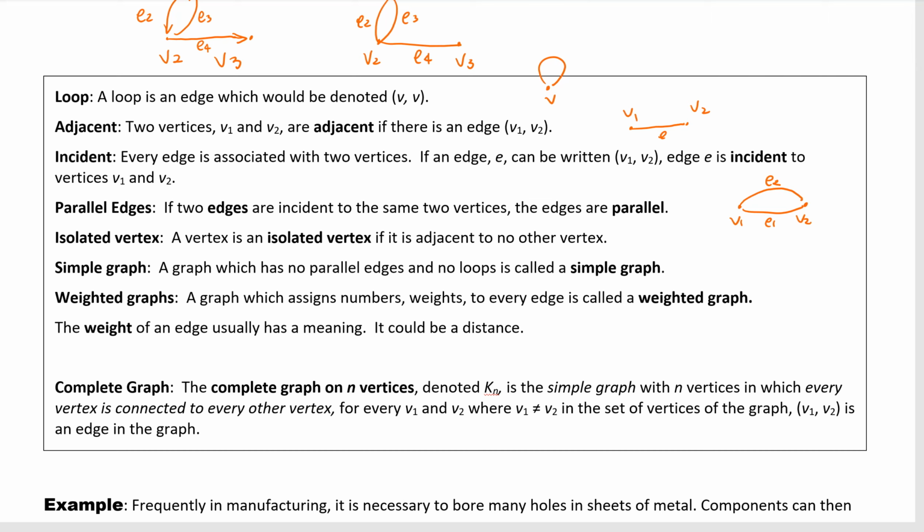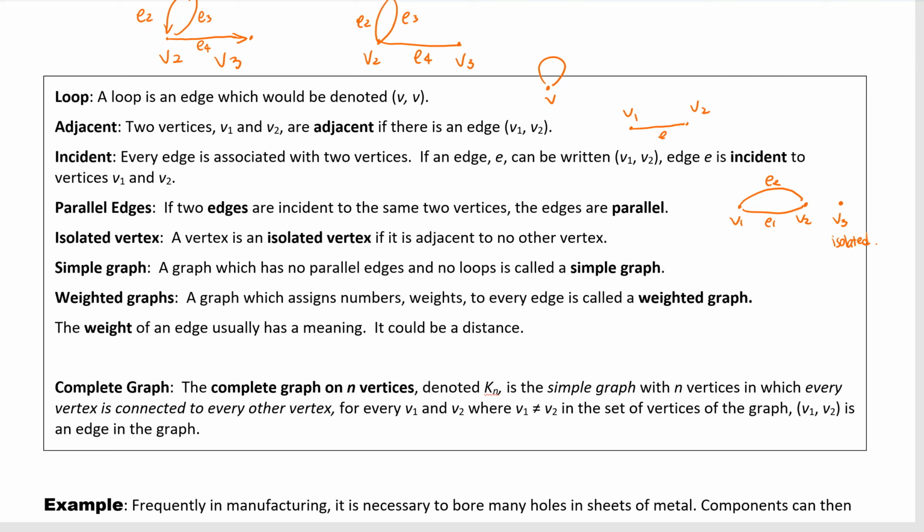Next, isolated vertex. A vertex is an isolated vertex if it is adjacent to no other vertex. So back to our picture, we can draw one more vertex. You see this vertex V3 is not connected to any other vertex. So this V3 is an isolated vertex.